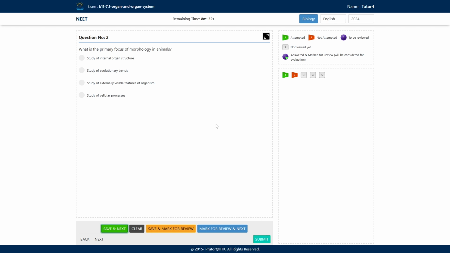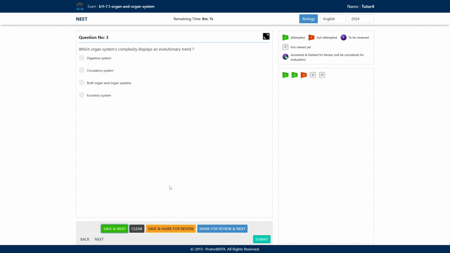So the correct answer is option C. Study of externally visible features of organisms. Whatever you see of the organism, its eyes, its features, its nose, mouth, head, every part externally visible. So that is morphology. So I'll select option C, save it, and move to the next question.